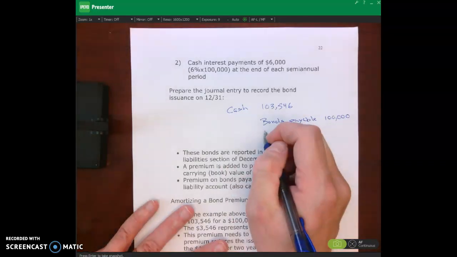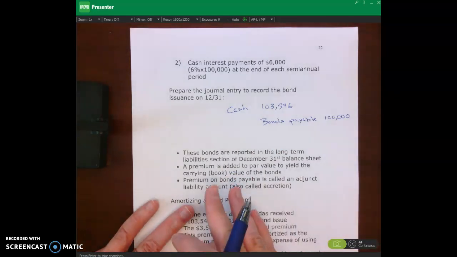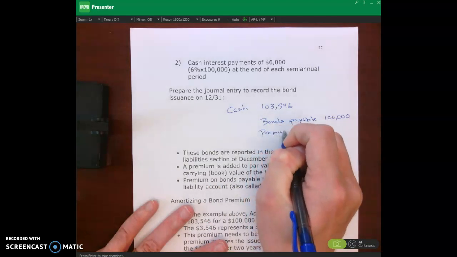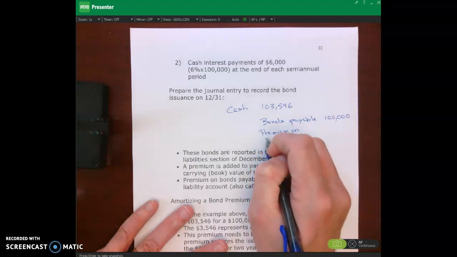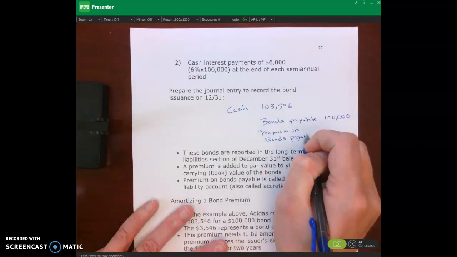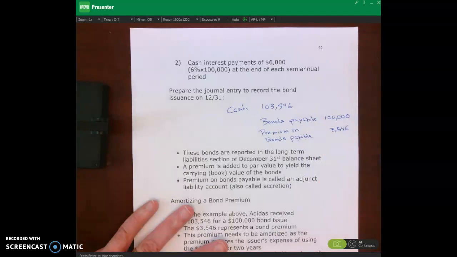And then, rather than debiting the discount that we did for our discount bond, now we're talking about a premium bond, we credit the premium on bonds payable for $3,546. And that becomes our journal entry, okay, to issue the bonds.